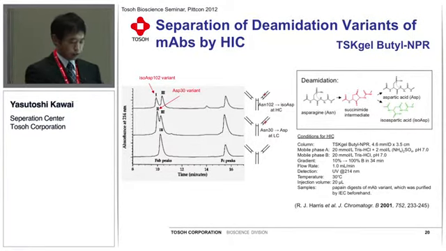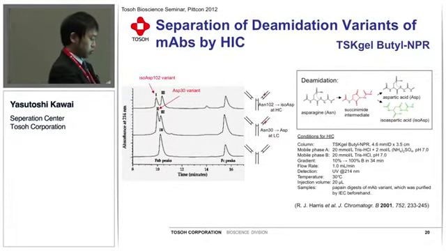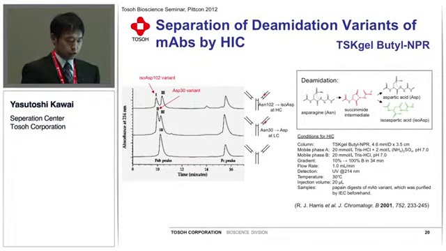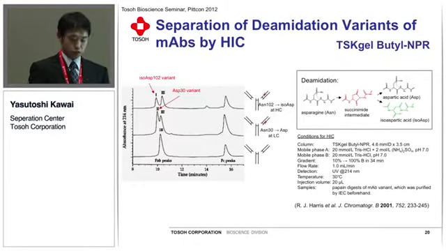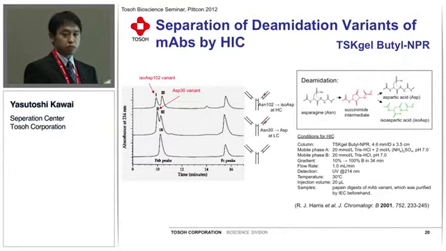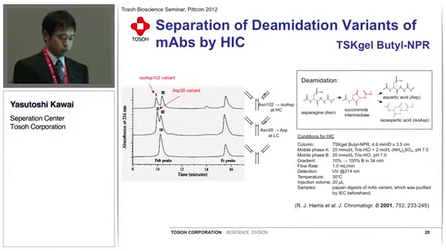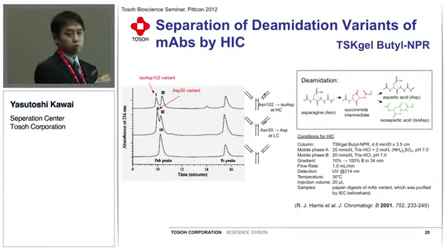Here you find that this Butyl-NPR column is able to separate variants with a single residue difference, indicating that the deamidation of a single asparagine residue was recognized by the Butyl-NPR column.